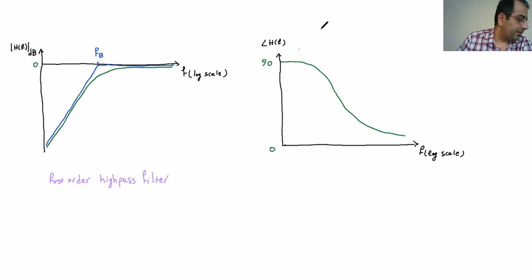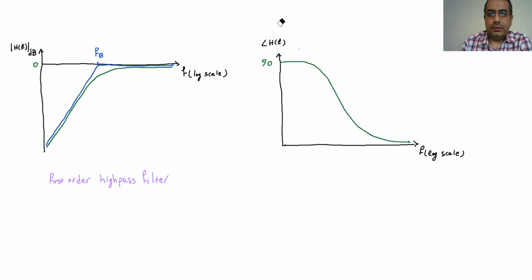Let me draw that a different way. They usually try to estimate it. So it's going from here, all the way here. And then they also estimate it with a straight line.